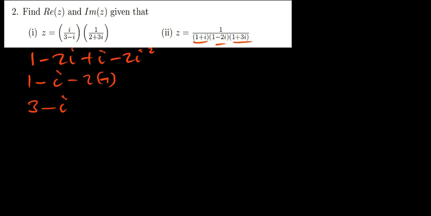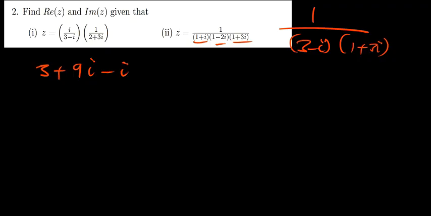Now, down part here, I have this. I'm multiplying those two. So 3 times 1 is going to be 3. 3 times 3i, it will be plus 9i. Then negative i times 1 is negative i.